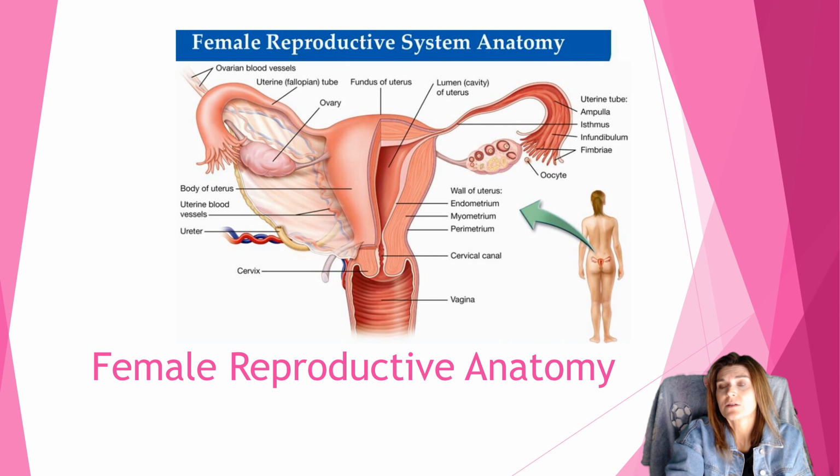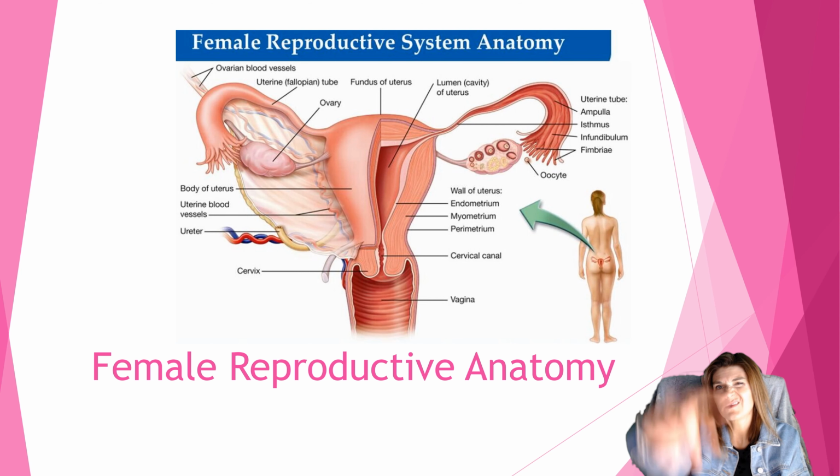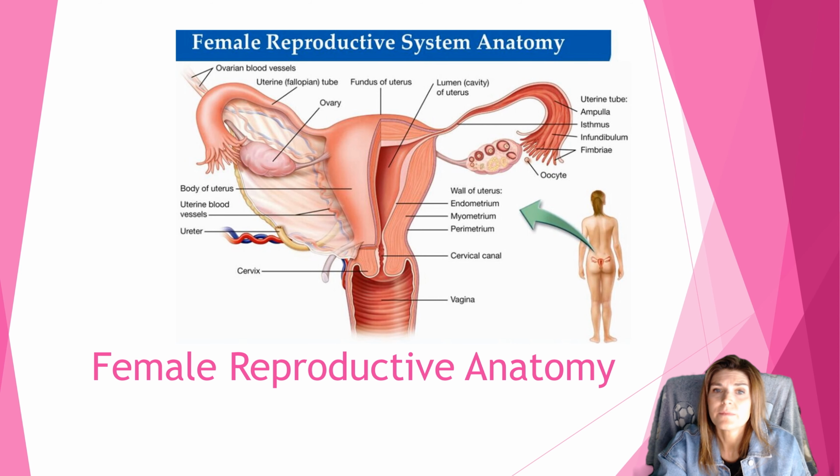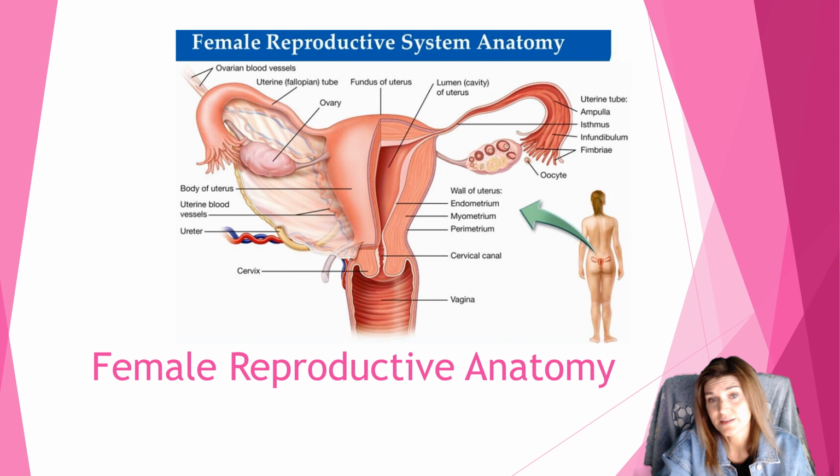Okay, so just one scary thing that can happen with that. Let's say that we have an oocyte, an egg, that comes right here, and we have fertilization that takes place. Sometimes they have, I'm going to forget the real name of it, a tubal pregnancy, where the baby will try and form in the uterine tube.